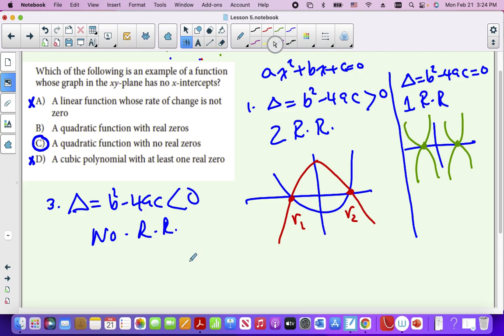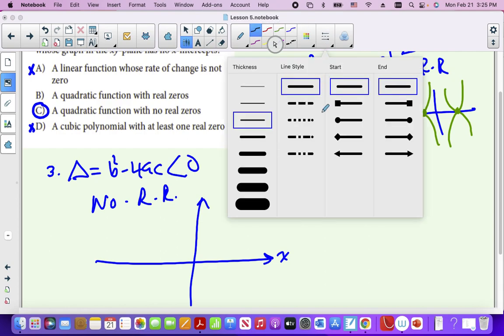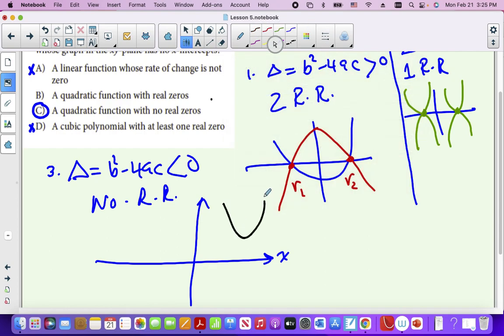That means no intersection with the x-axis, and the graph will look something to that effect. It'll be either this way, of course it could intersect the y-axis, that's not an issue, or this way. So no intersection with the x-axis makes C the correct answer.